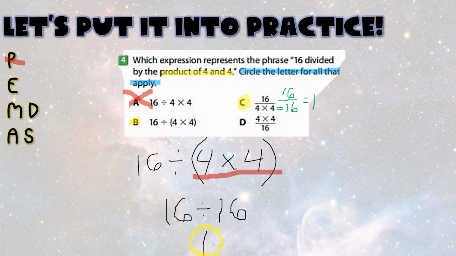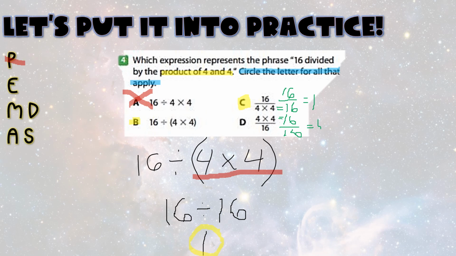And then let's look at D just to make sure. So for D, I have 4 times 4, which is 16. And then 16 divided by 16 equals 1. Well, the rule that I thought would work isn't working for D because it's not exactly how it's being said.